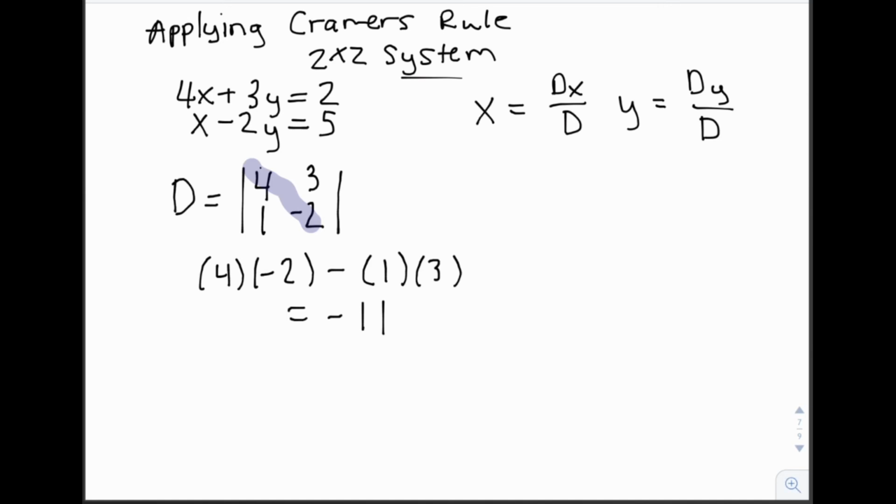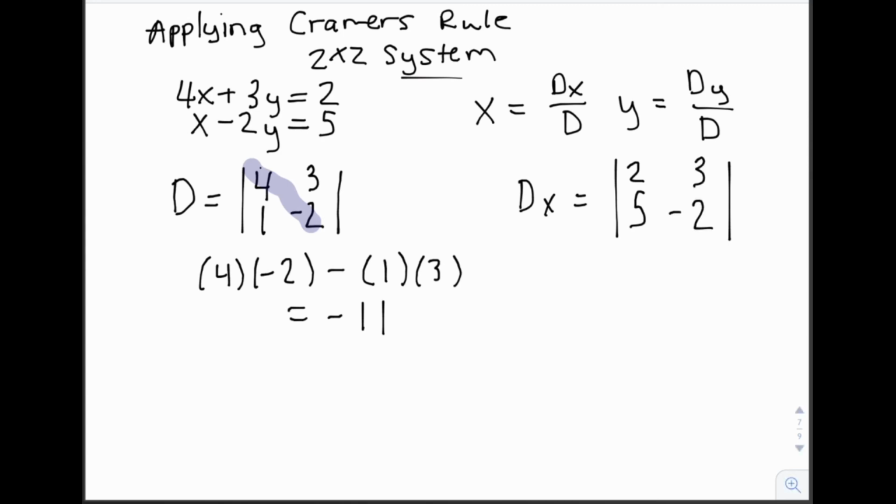Okay? And additionally, we can find our determinant of x, and again use these vertical bars. Since we're solving for the determinant of x, let's replace our x column with our constants here. So we're going to have a 2 and a 5, and then a 3 and a negative 2.